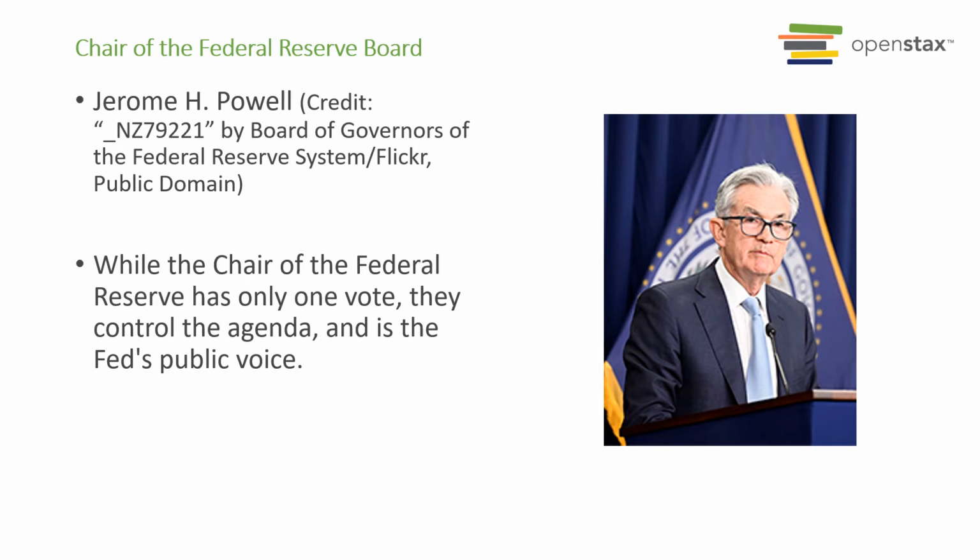Jerome Powell was appointed by President Trump, and then reappointed by President Biden. Before Jerome Powell, it was a lady named Janet Yellen. Janet Yellen was the first female chairperson of our Federal Reserve, and today she's our first female Secretary of Treasury.